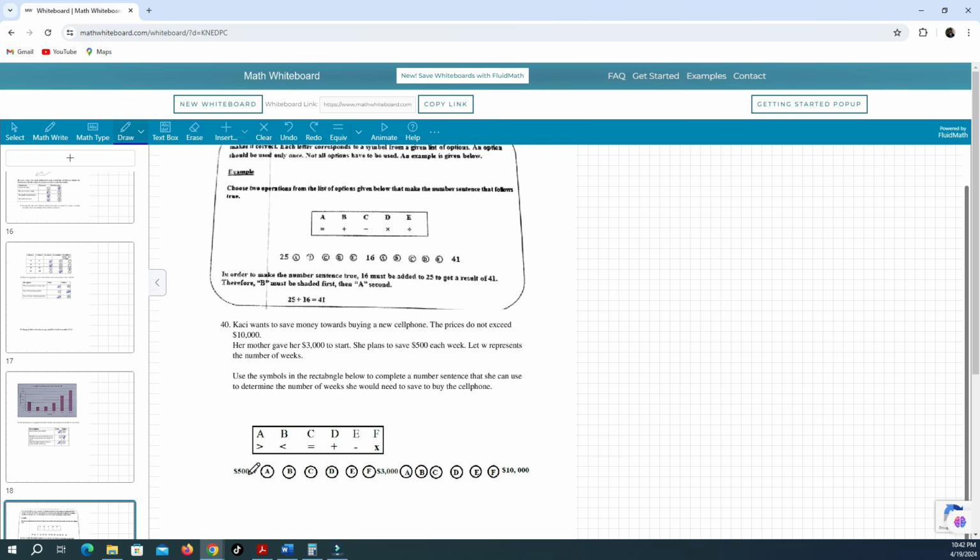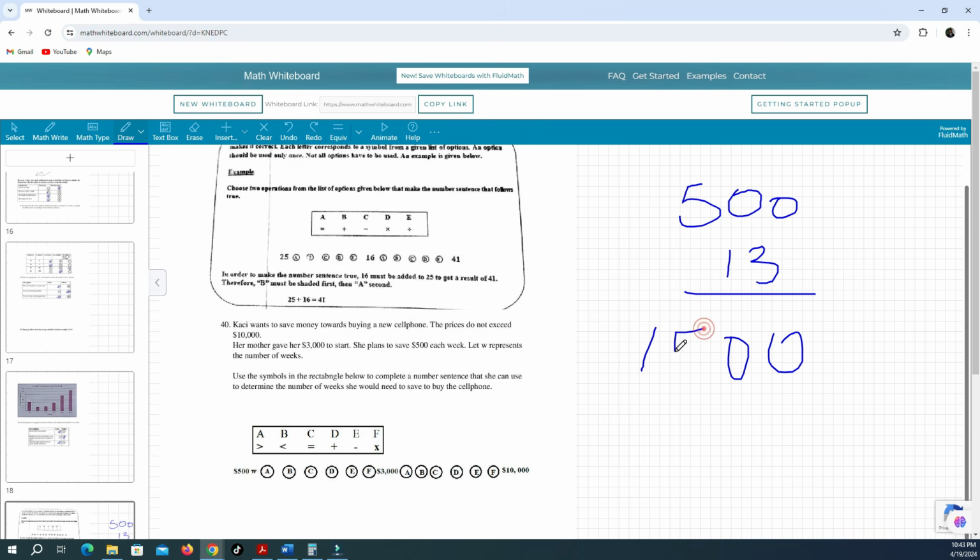So $500 per week, and she already has $3,000, she needs what? $7,000 more, right? So 500 times 13. It looks like it's not going to make it.